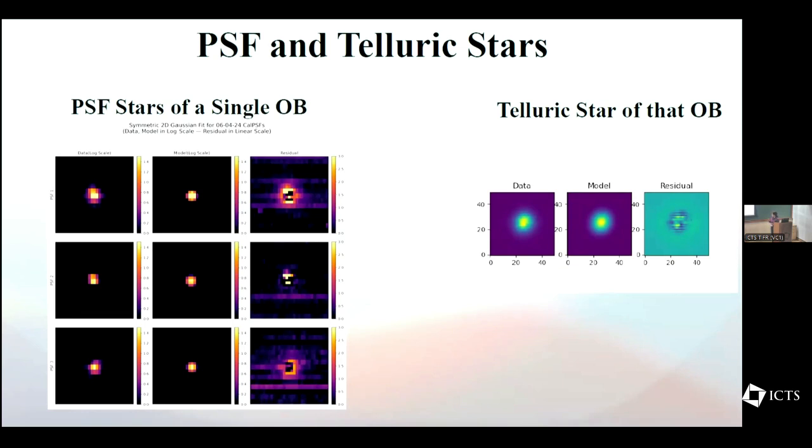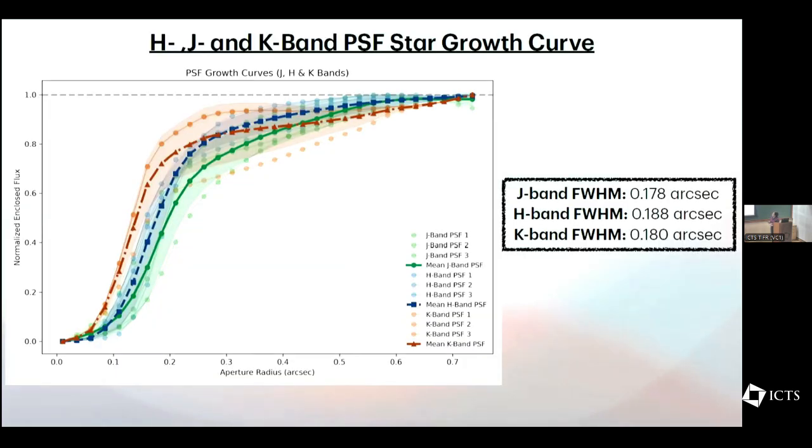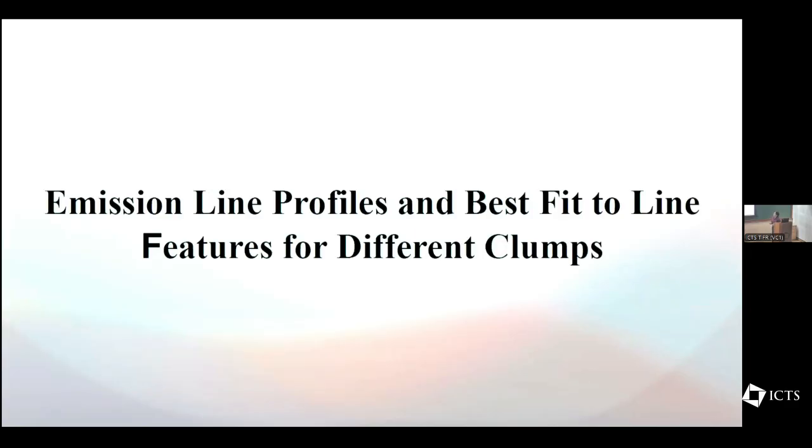Besides those, the PSF looks different for different bands, so we also corrected for the PSF. We smoothed the data to compare different emission lines. Okay, so now it's time for the results.